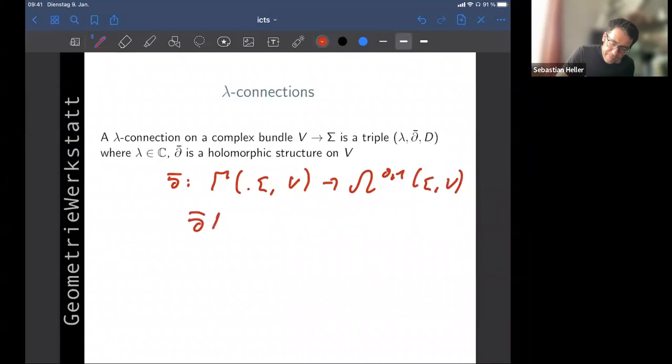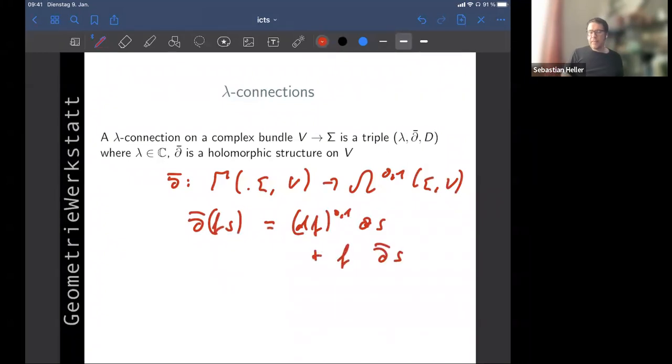So del bar of F s, where F is a function and s is a section, is the 0-1 part of the derivative of F times s plus F del bar s. And then the space of holomorphic sections of this bundle V is just the kernel of this del bar operator.